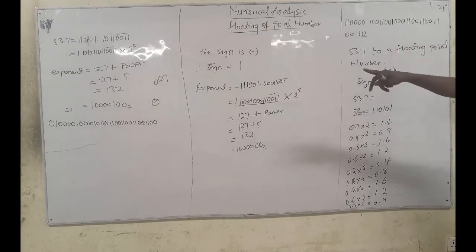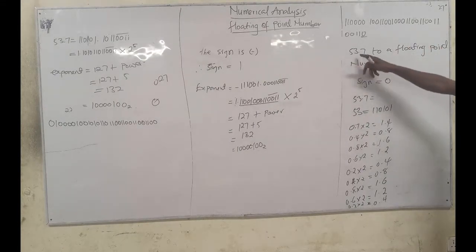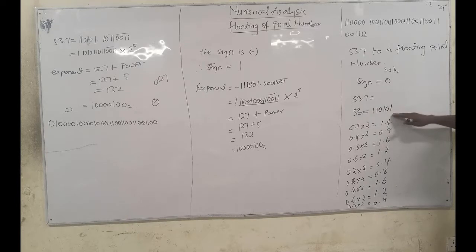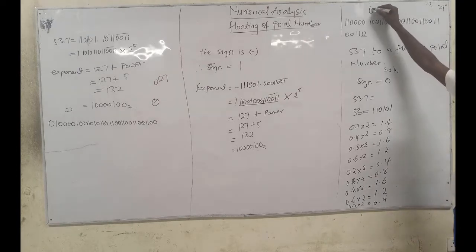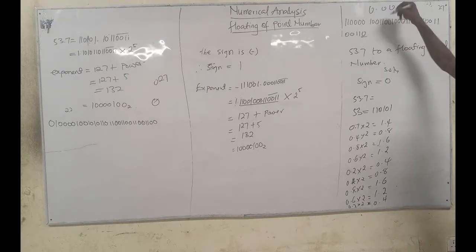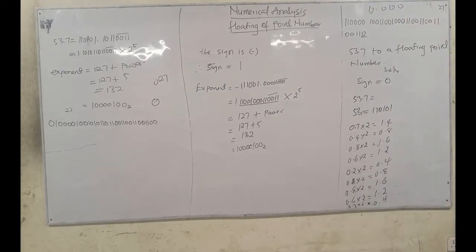So look at this number, 53.7. After this, you got this. So the decimal point will come here. Then the number after the decimal point is converted to base 2. When you convert to base 2, automatically the decimal point will be in between. It will never come before the numbers. You will never get 0.00-something whereby you have to get a negative exponent.